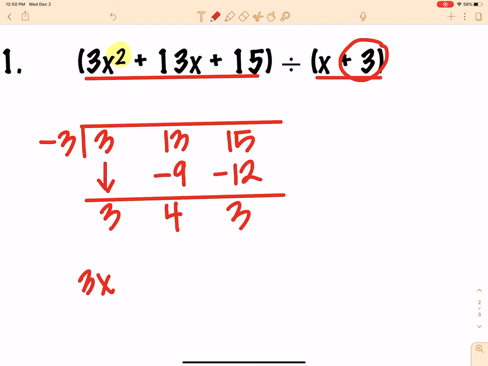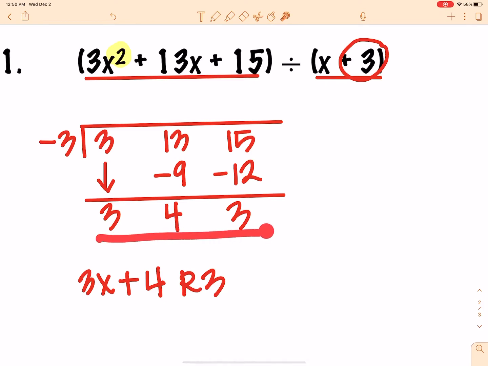And then you continue on in standard form. So after an x term comes your constant, 4. And then your remainder is your last term, 3. So you see how 3, 4, and 3 are the coefficients of your answer. And that's it. That's your problem.